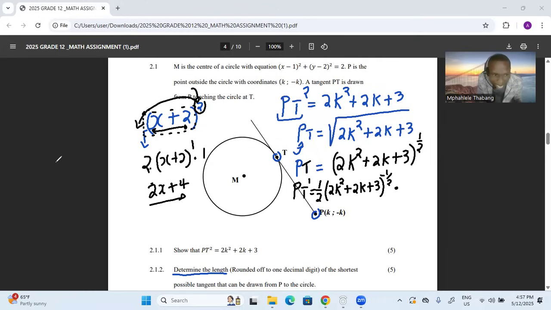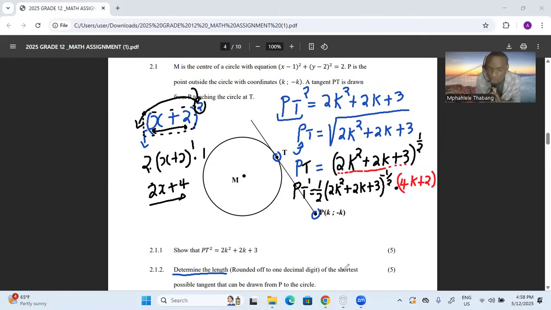Times, now I am differentiating the inside. I was differentiating it as a whole, now I'm differentiating the inside of the bracket. So the derivative of 2k squared is 4k plus the derivative of 2k is 2. So it's 4k plus 2. So this is the derivative of PT.